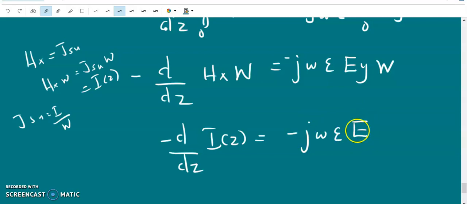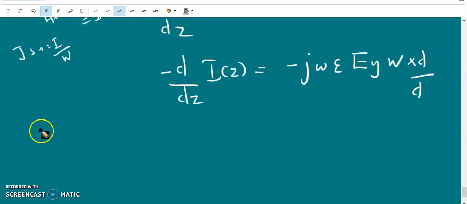So, we have to multiply the right side of this equation by d and divide by d. So, Ey into d. We have already seen that Ey into d is the negative of V of z.